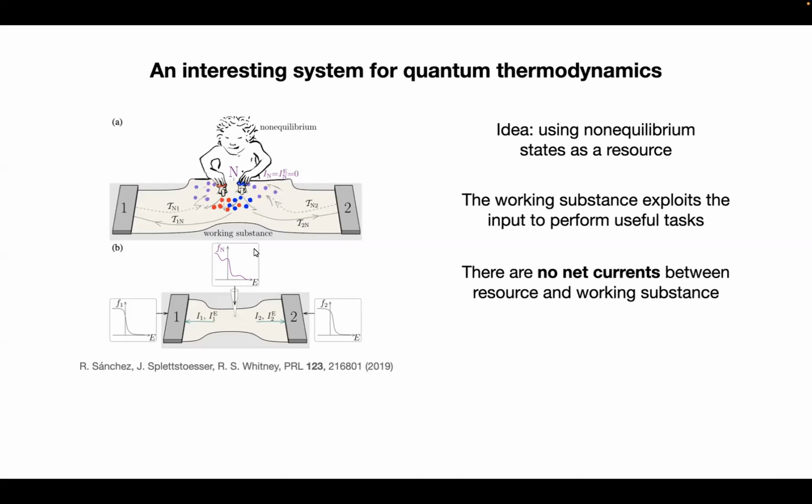And the point was, can we exploit this non-equilibrium distribution to make some useful tasks? For example, to do cooling between terminal 1 and 2, or to operate the system as an engine. And the point is that, yes, you can, and also you can achieve that while on average you have no transfer of current between the non-equilibrium resource and the system.